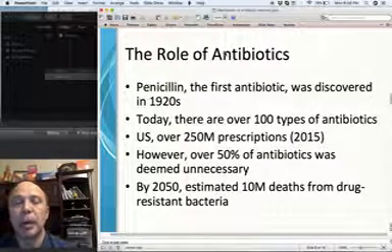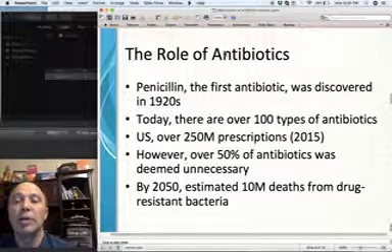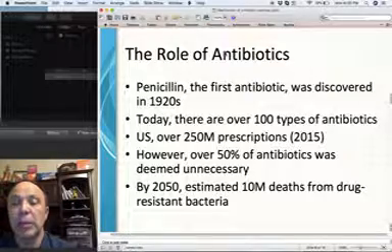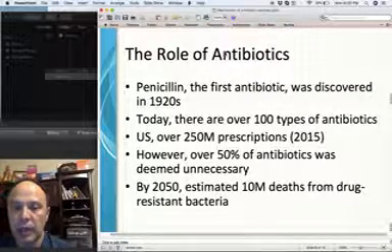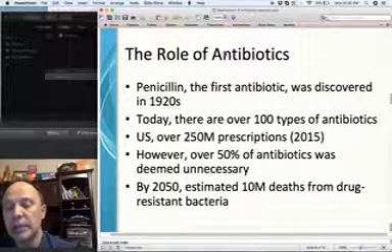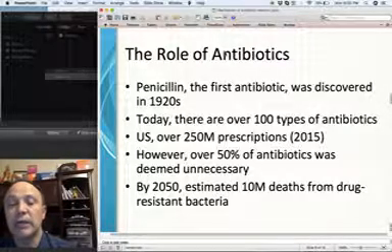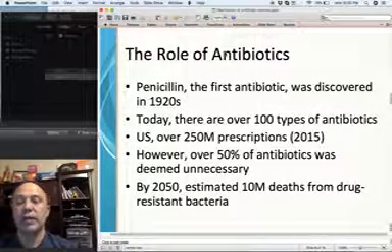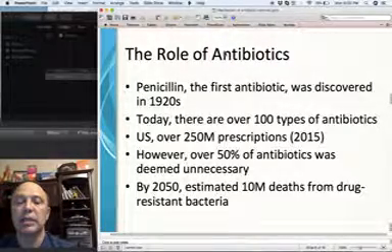So the role of antibiotics. Penicillin, the first antibiotic, was discovered in the 1920s. Today there are over 100 types of antibiotics, and you can see how popular they are. In the United States, in 2015, over 250 million prescriptions were given out. So you can see that they're very popular.